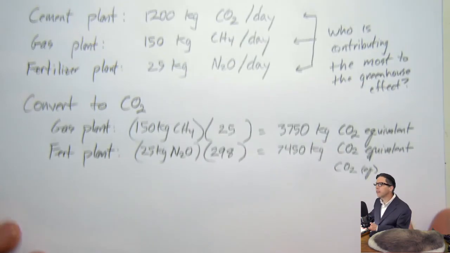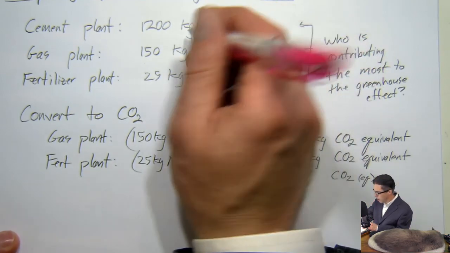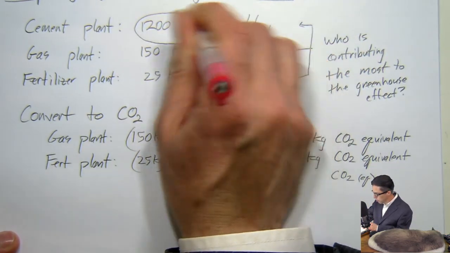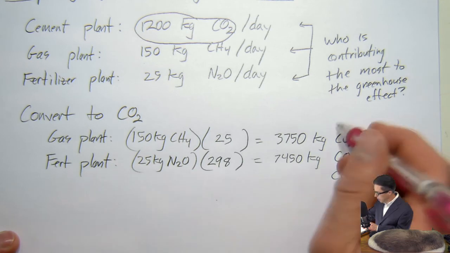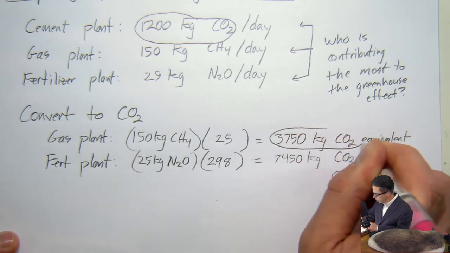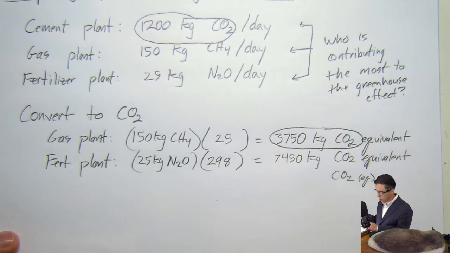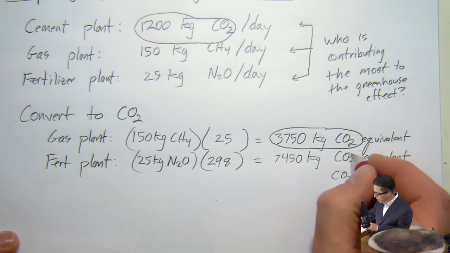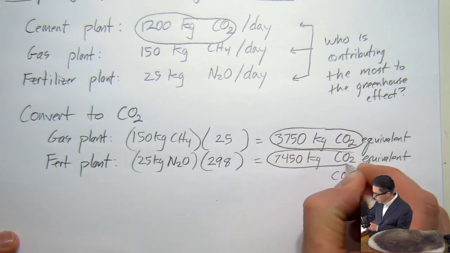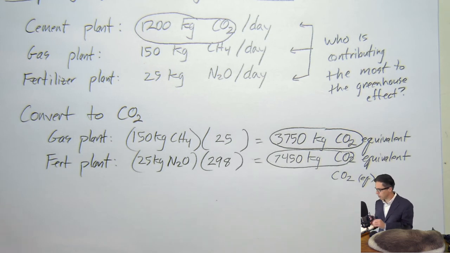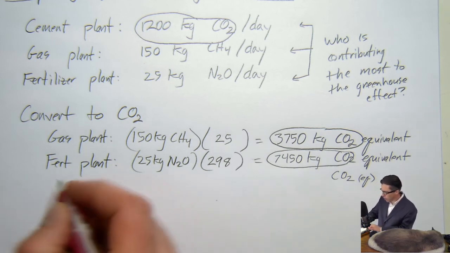All right, so we've converted currencies. Our cement plant is 1,200 kilograms of CO2. Our gas plant is equivalent to 3,750 kilograms of CO2. And our fertilizer plant is equivalent to 7,450 kilograms of CO2. So who's making the biggest contribution? The fertilizer plant.